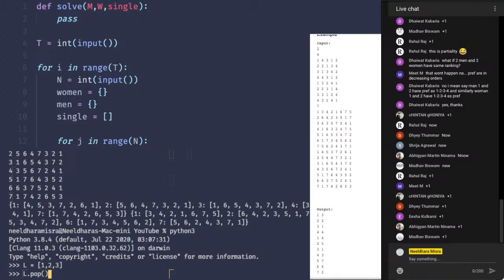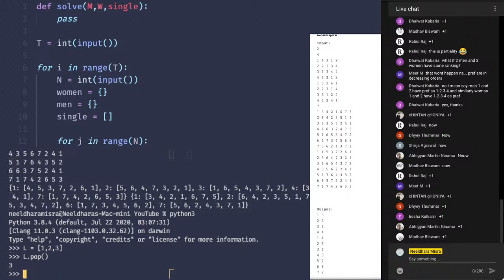So essentially for the men, what is going to be desirable is that we should be able to just pop from the list to recover the top preference. And basically we will work with that, right? So here, when we pop, we get the last element of the list, as we see here.